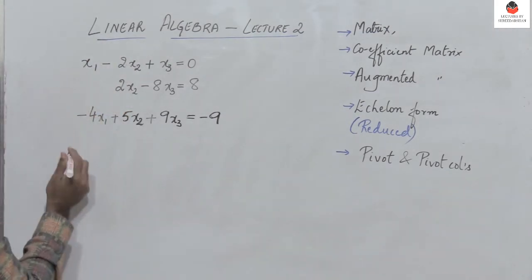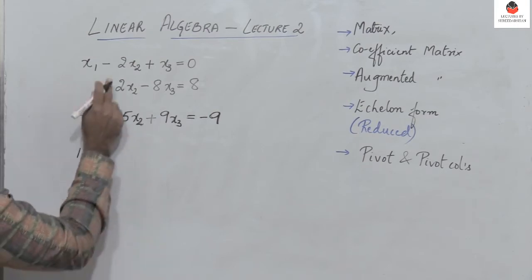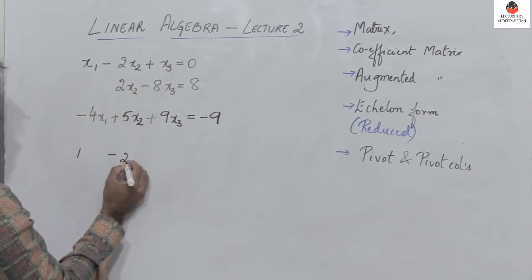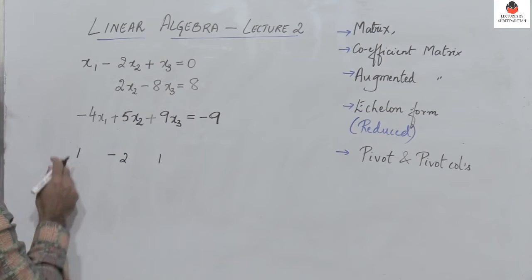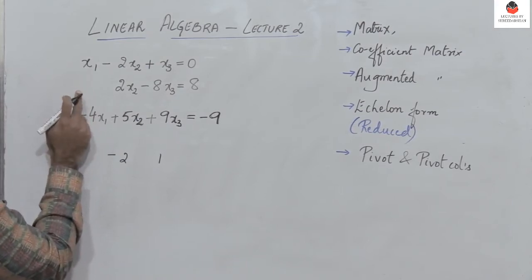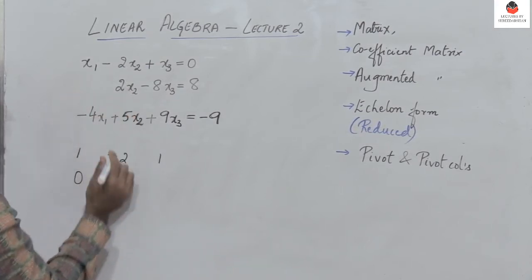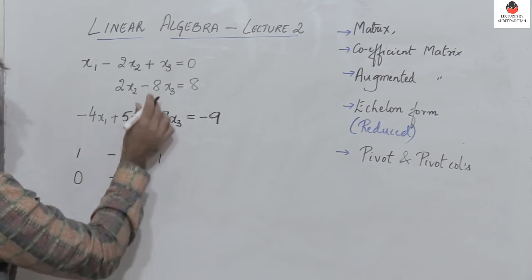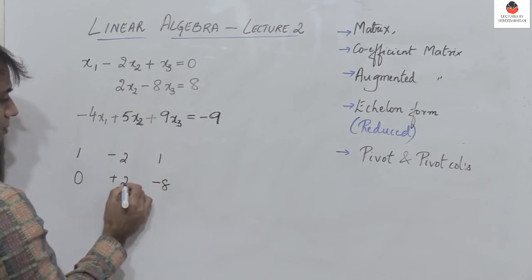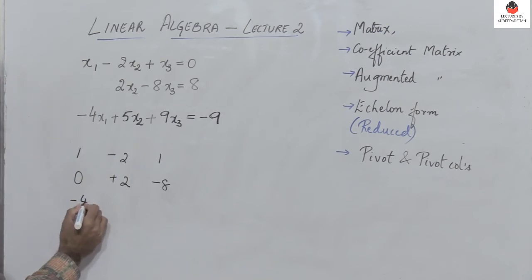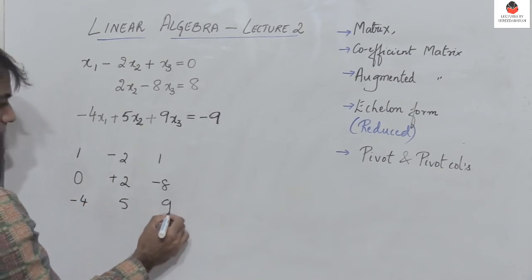Now I have the coefficient of x1, which is 1, x2 is -2, x3 is 1, and then the coefficient of x1 here is 0, x2 is +2, x3 is -8, and here it is -4, 5 and 9.